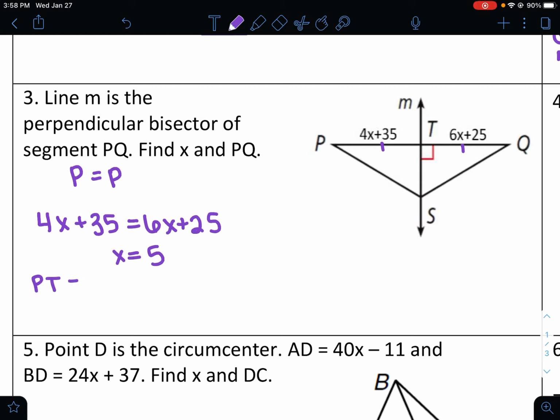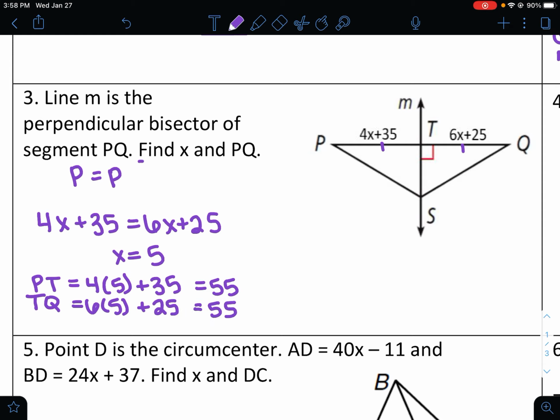So PT equals 4 times 5 plus 35, which is going to be 55. And PT or TQ, doesn't really matter, is going to be 6 times 5 plus 25, which is also 55. And the question says to find x.